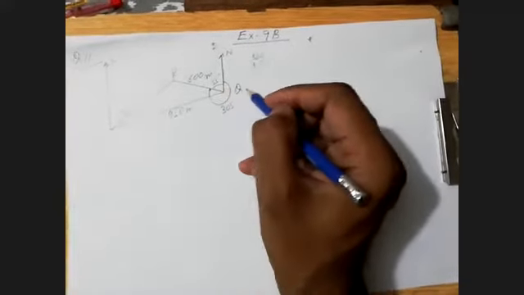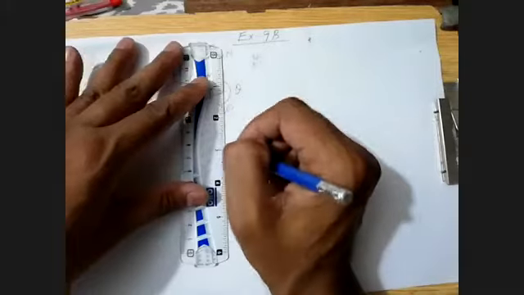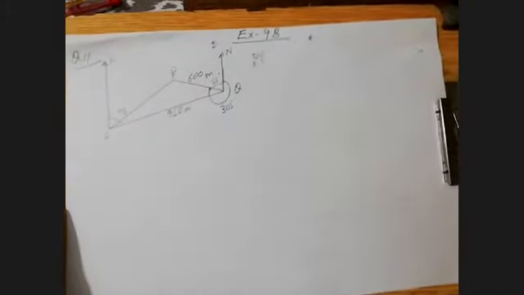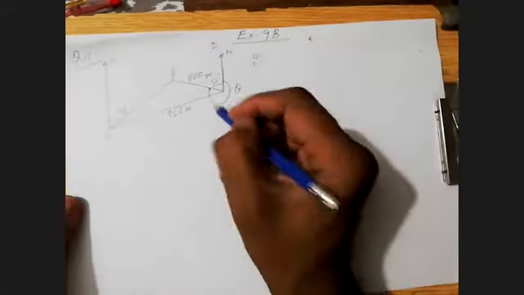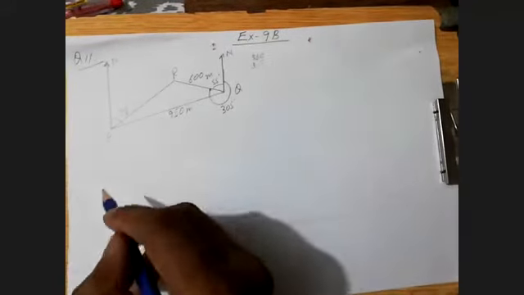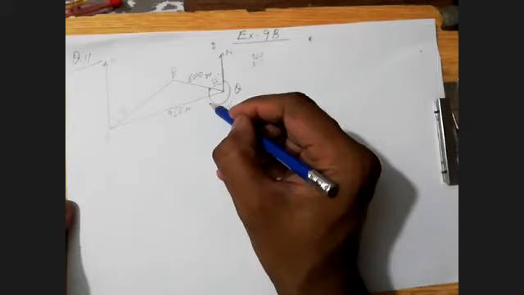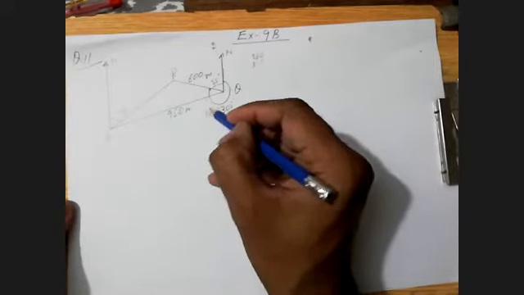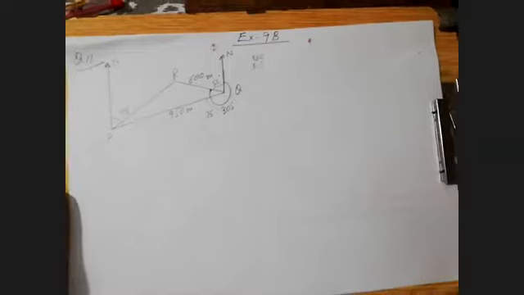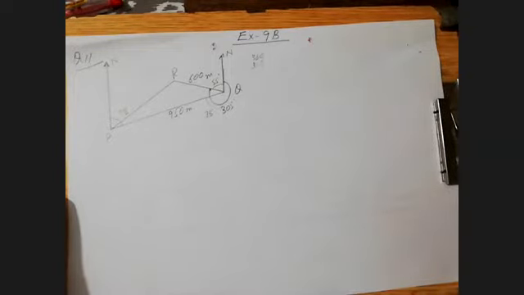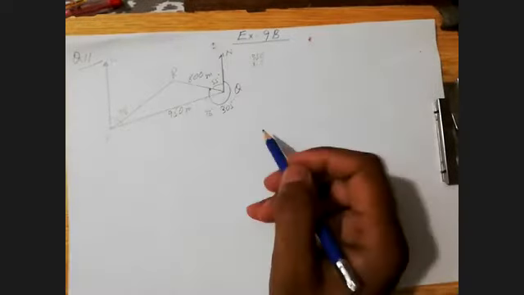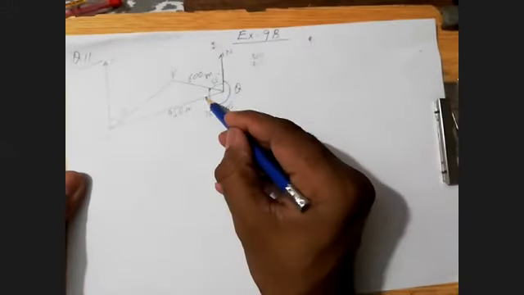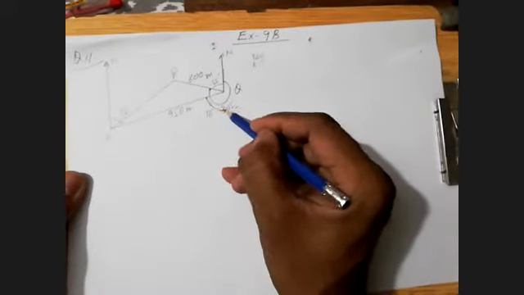Now, as you know, if I extend this line like this, this is 78. This is the alternate angle, which is also 78.